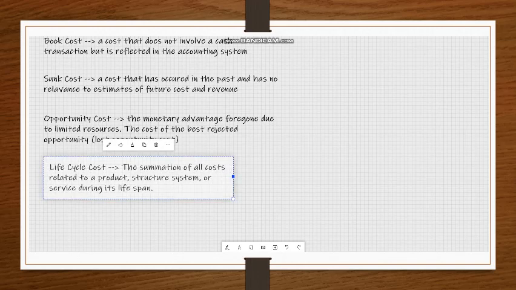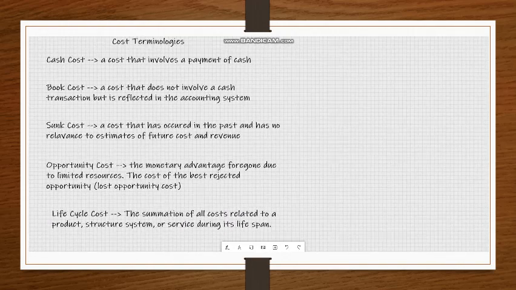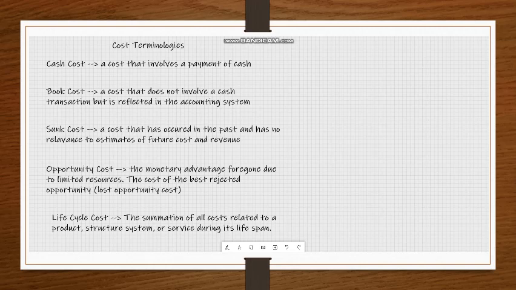So life cycle cost is all the costs during the project or services or the structures. So we defined all these cost terminologies, five cost terminologies.